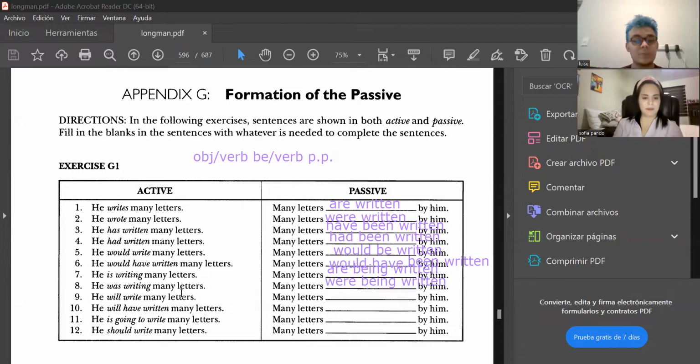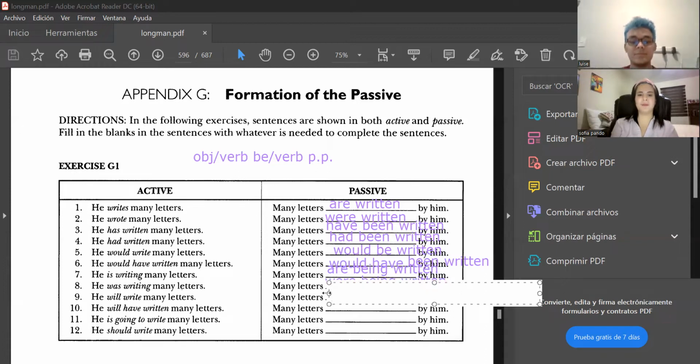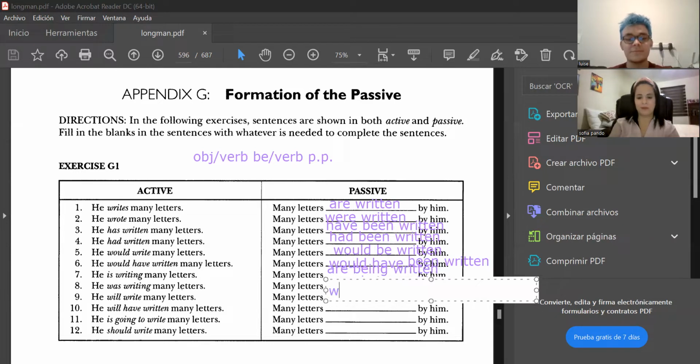Finally, and we're almost there, we have simple future, right? Yes, because we have a will. Here it says, he will write many letters. So we just simply have to add the verb to be that we use for simple future. Which one is that? Would. Funny, actually, would is known as a past of will. However, what we need here is to simply add a will, as always.